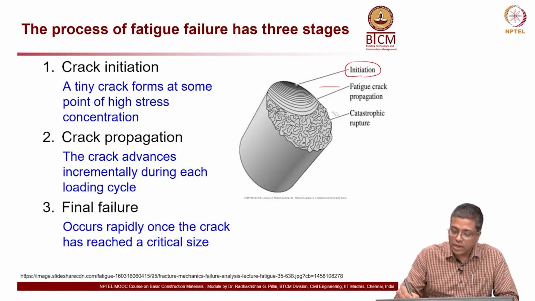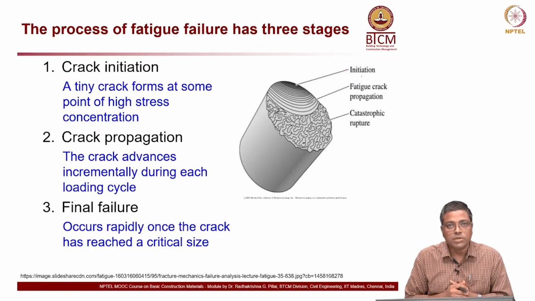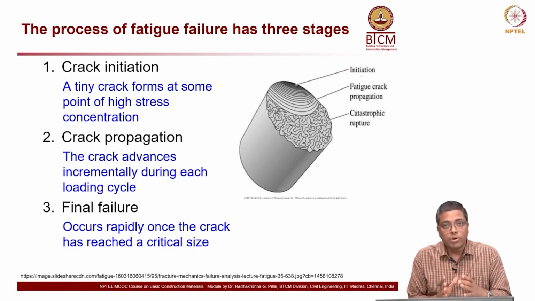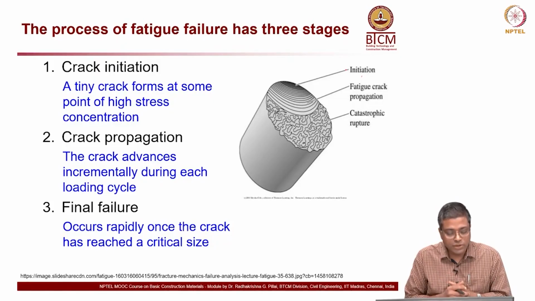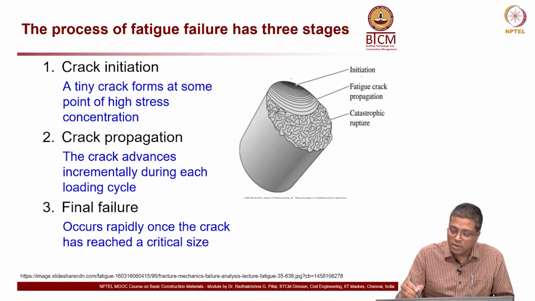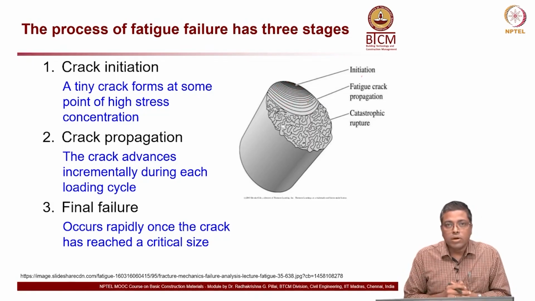Now, if you look at the time taken for all these, initiation of course just happens when there is a small crack or something, but the crack propagation period will be very long as compared to both the first and third stages. You will have several cycles to undergo before failure. All these lines over here indicate cycle by cycle, cyclic loading, which could be in millions.